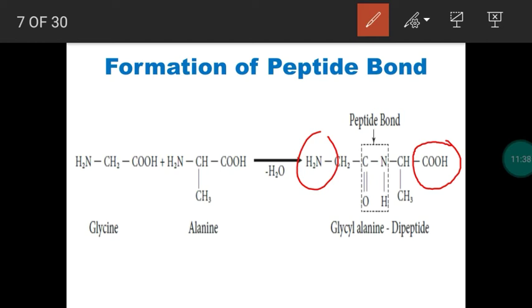Usually this will be the arrangement. When we write a di, tri or polypeptide, the amino group will be at the left hand end, and the carboxylic acid group at the right hand end. So this amino group is called the N terminal or amino terminal. This carboxylic acid group at the end of the chain is called the C terminal or carboxy terminal.